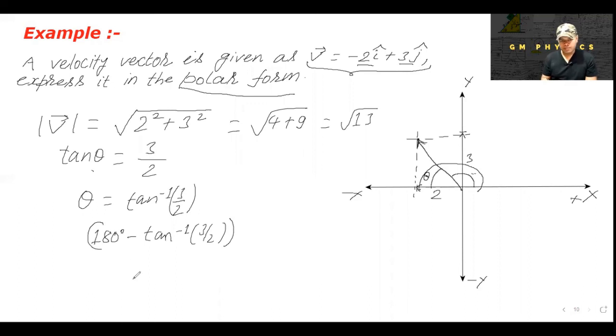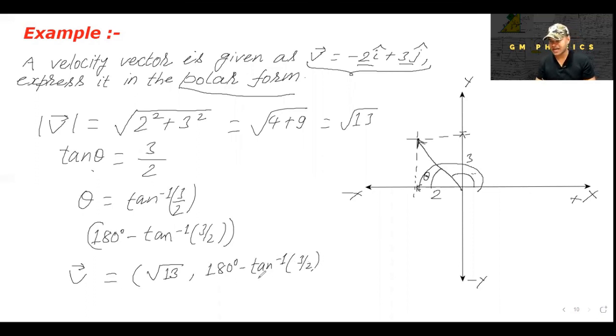Now the polar form representation can be written as v vector is equal to first the magnitude, that is root under 13 meter per second or root under 13 units, and the angle 180 degree minus tan inverse 3 by 2. You don't need to write the exact angle. If the value of tan inverse 3 by 2 is given in the question, then subtract it from 180 degree.